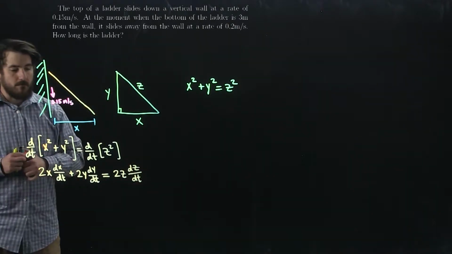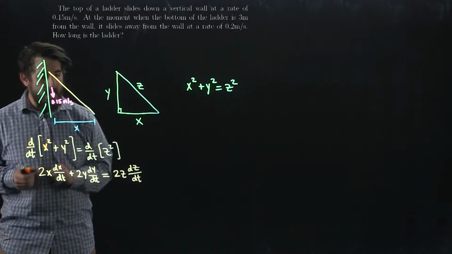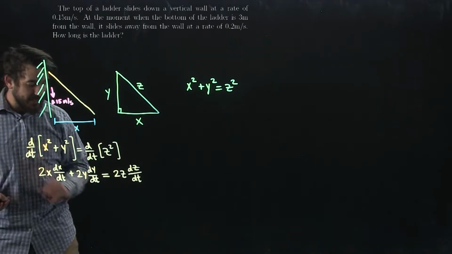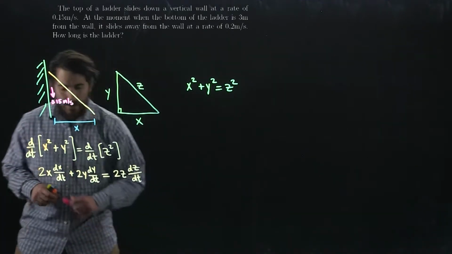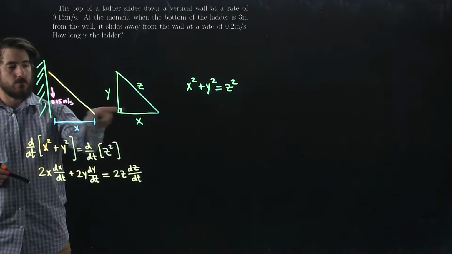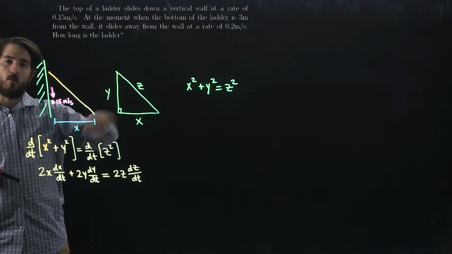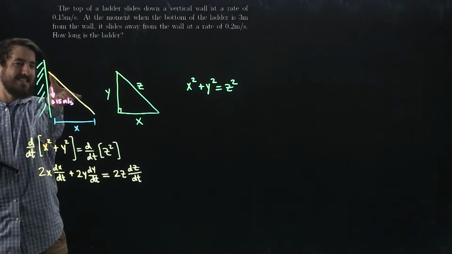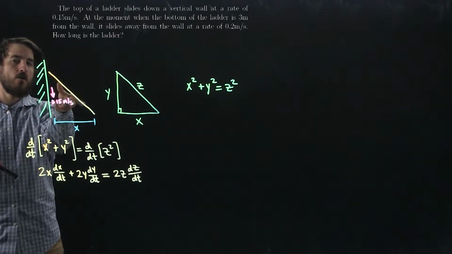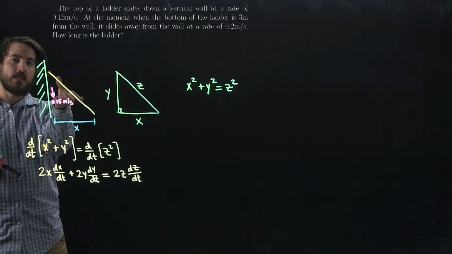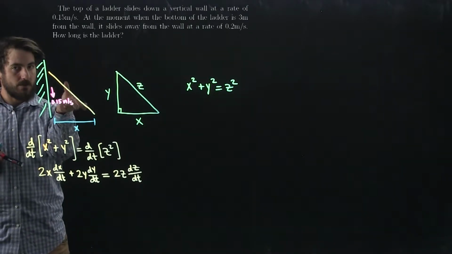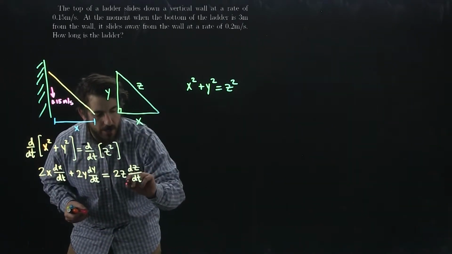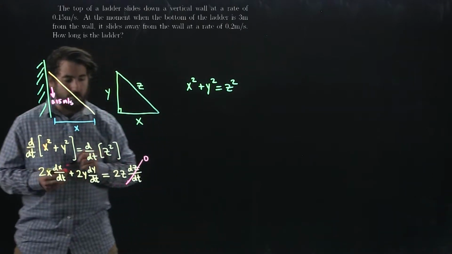Now, this is a related rate. One thing to keep in mind is that x is the direction pushing away from the wall. y is the direction going down the wall. And z is just this ladder. Now, how much is changing with the length of the ladder? Well, we know that there is no change in the length of the ladder.